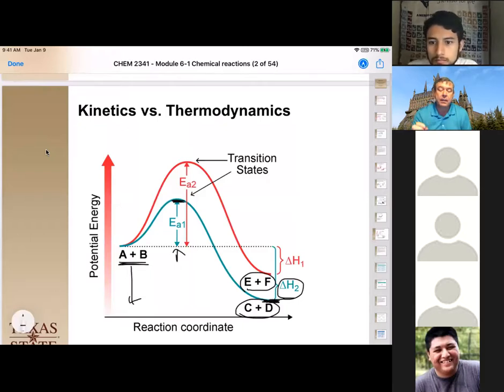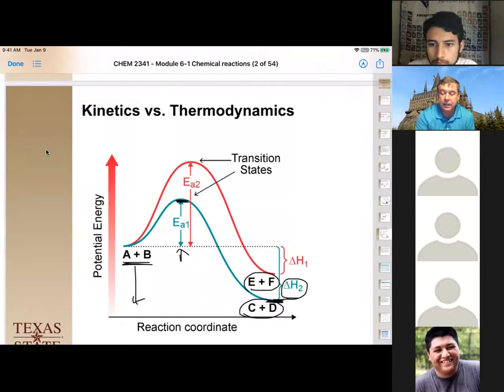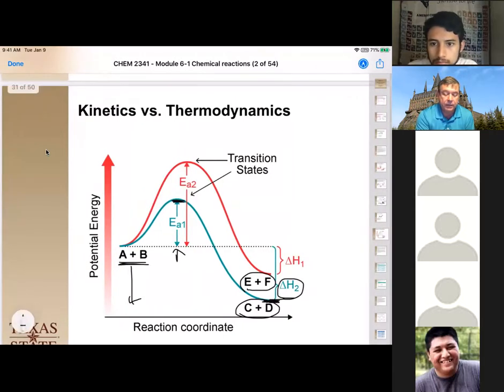So let's say instead we maybe used a different material as A and B, and it took a higher activation energy to get it to go. So kinetically, this reaction is slower than the first reaction because of that higher activation energy, okay?